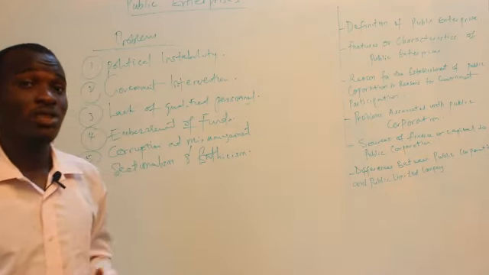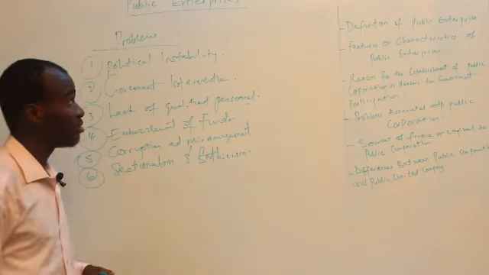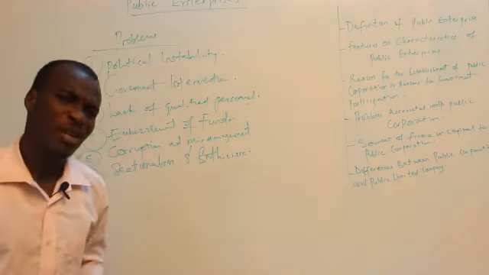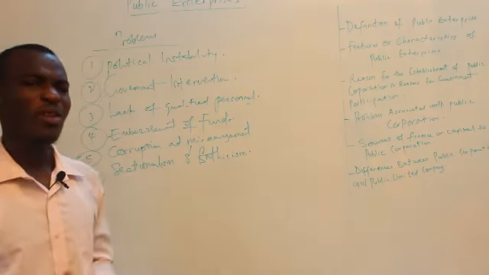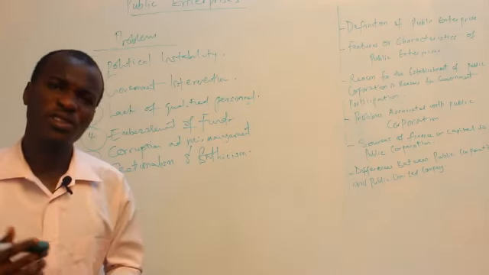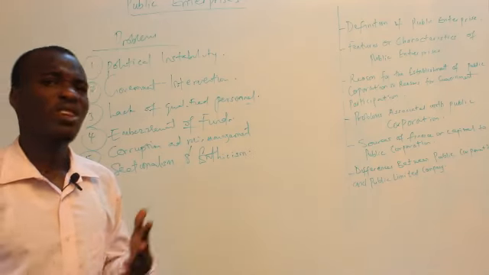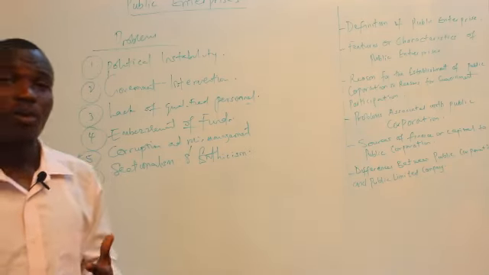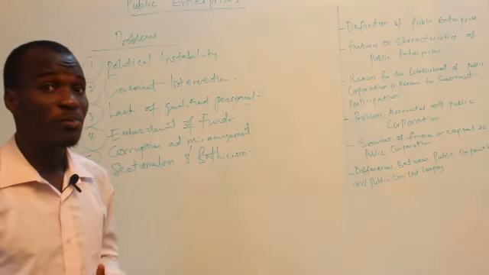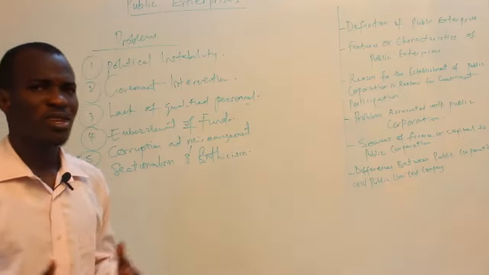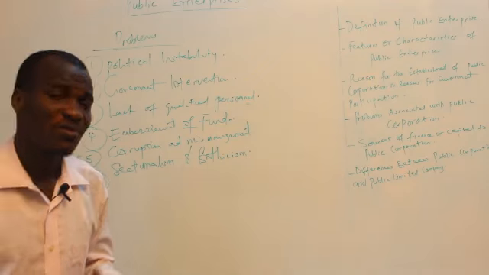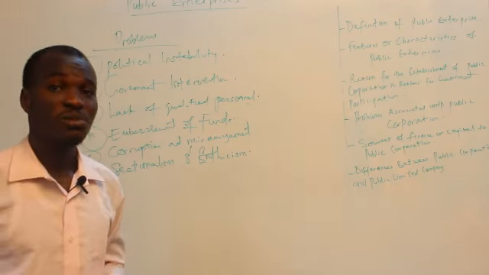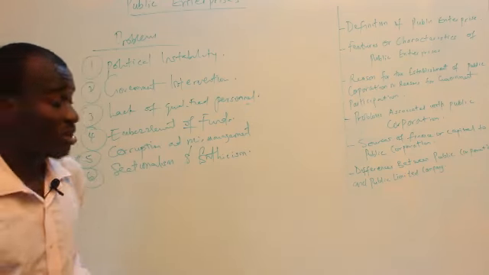If there is frequent change of government, the public corporation can easily be converted to a private enterprise. That affects the service and the improvement of the public corporation. So it is one of the problems of public enterprises. Political instability, since the political activities of all West African countries are usually unstable, affects the public enterprises.